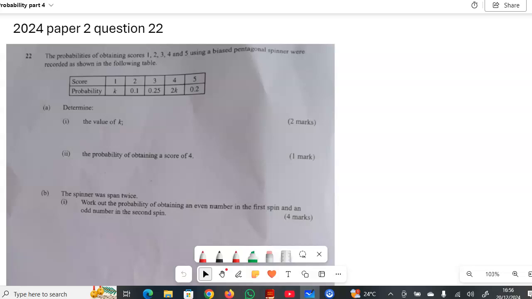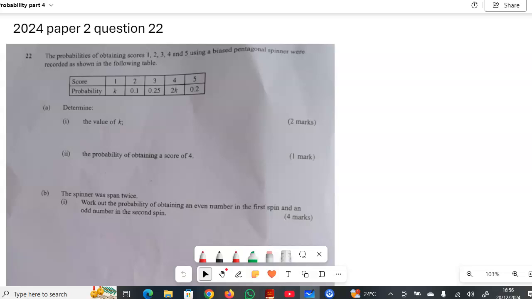So we are required, in part A, to get the value of K, and then part 2 of A, to get the probability of obtaining a score 4. Then part B, we are told that the spinner was spun twice.